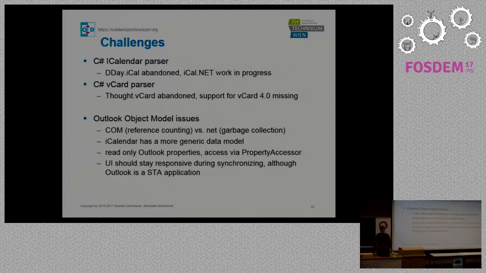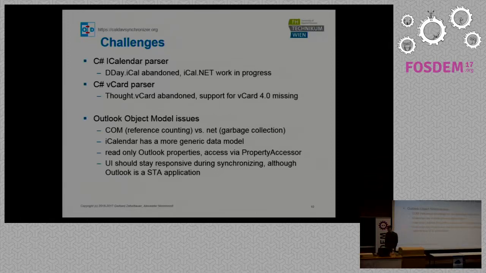So maybe someone can resurrect them. There are also some Outlook object model issues, differences between the COM objects Outlook uses and the .NET garbage collection. So we need to implement some wrappers. iCalendar generally has a more generic data model, so some properties can't be mapped properly.